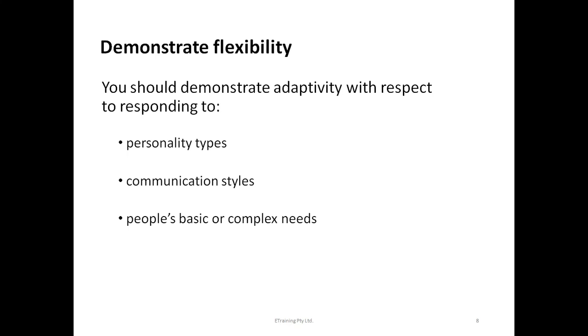Okay, what kind of communication will you use? Which kind of body expression, gesture, and facial expression you should use with that person while communicating also differs, and so do the people's basic or complex needs. So the demonstration should be adaptable as well.